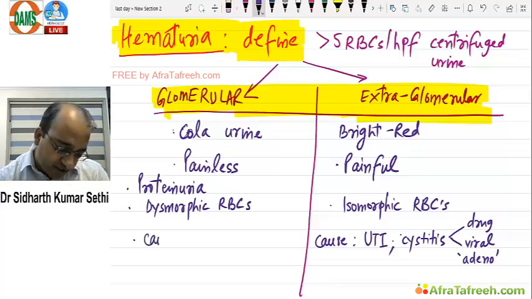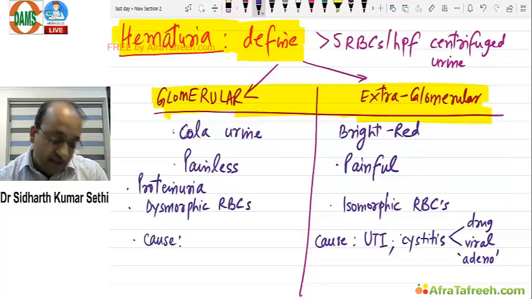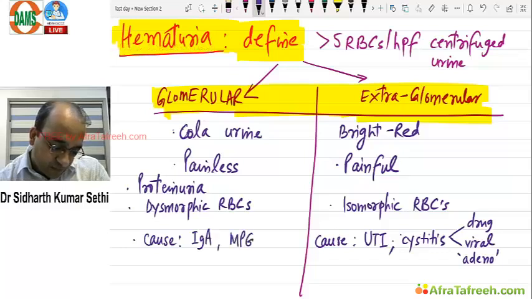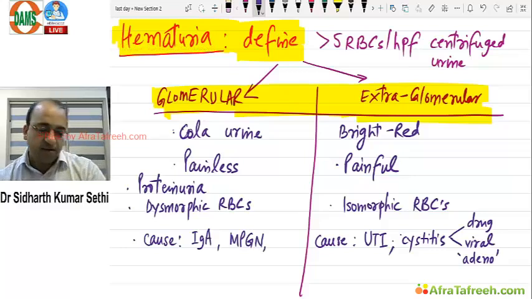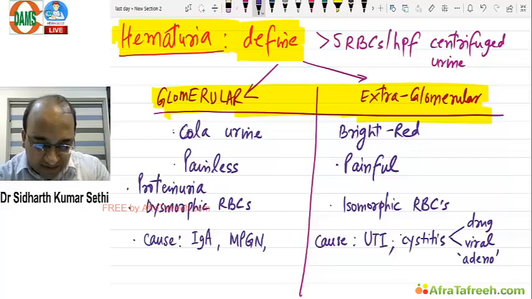Now, other causes of hematuria, let's look at the glomerular causes. IgA nephropathy, MPGN. MPGN is membranoproliferative glomerulonephritis.